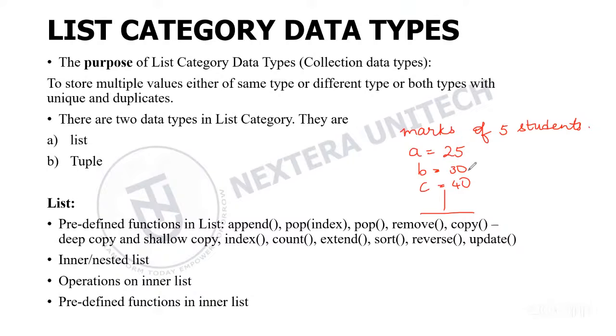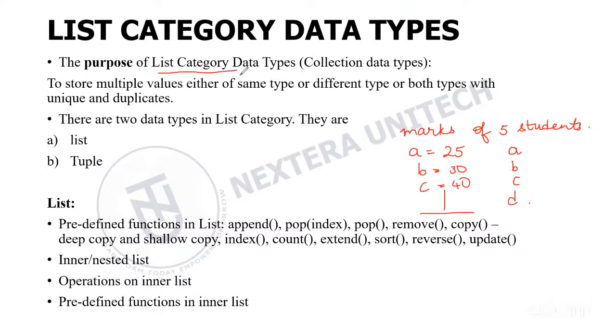In real time, in any school or classroom, there will be hundreds of students. So it is very hard to store each and every student's value in separate variables, right? That is why we need something that will store multiple values in one place. So that brings us to list category data types.